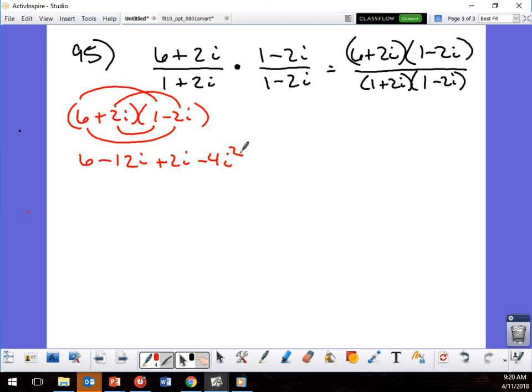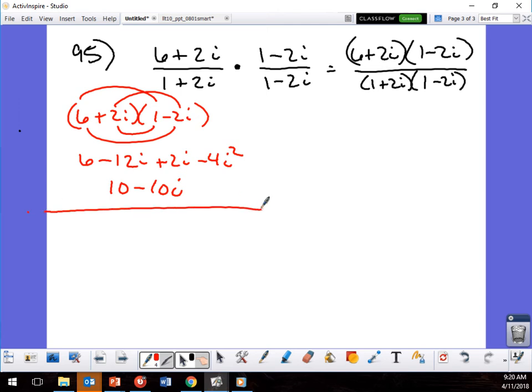All right, so right here, this is going to become a positive 4. Positive 4 and my 6 gives me 10, minus 10i because I combine those.